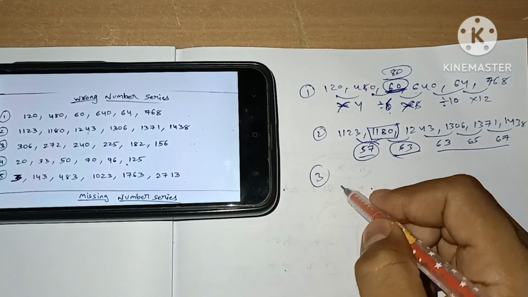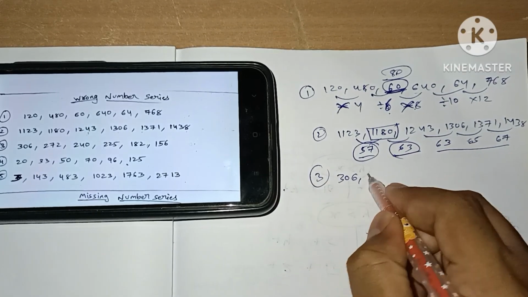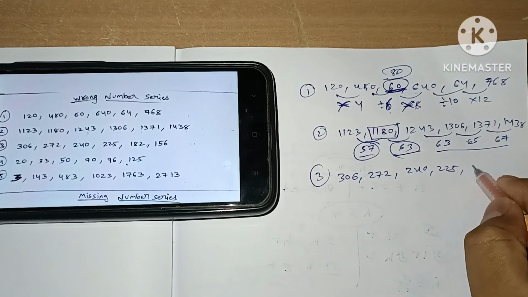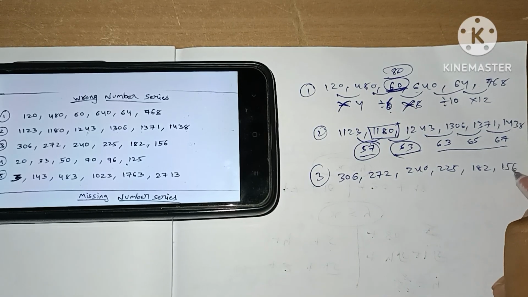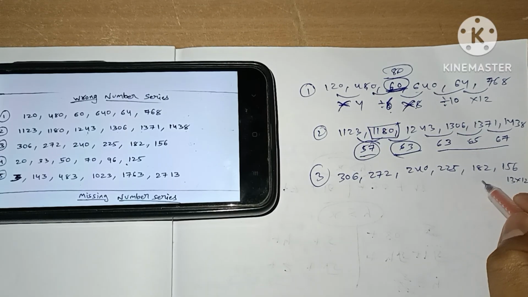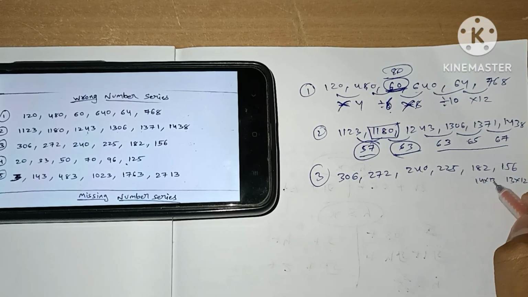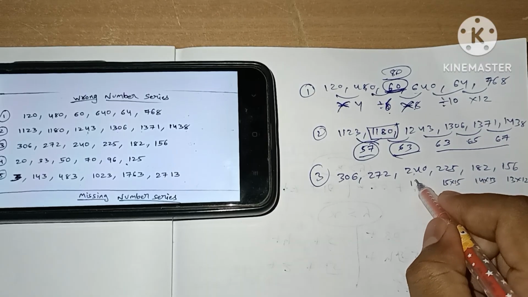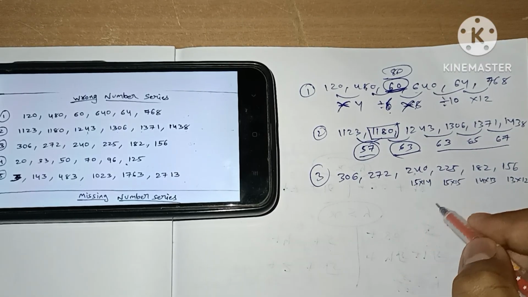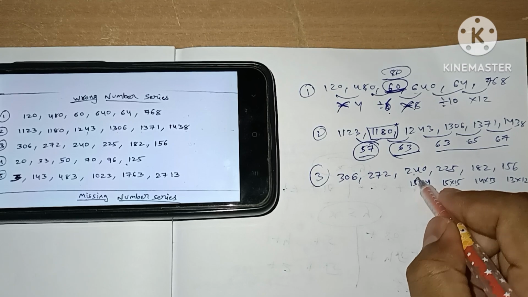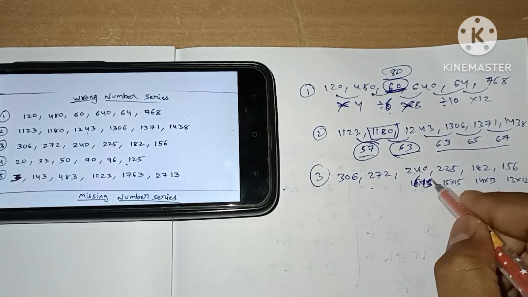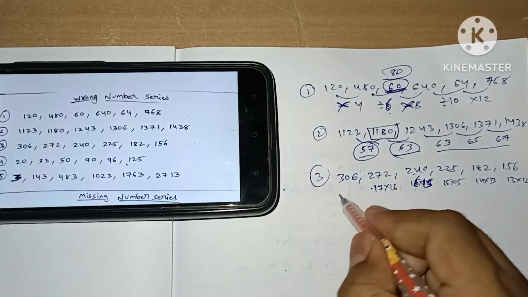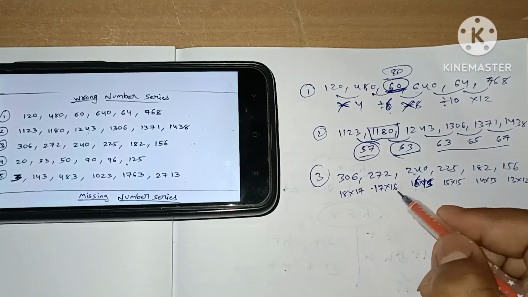Next, third question. 306, 272, 240, 225. These numbers are familiar to me as this is 18 times 17, this is 17 times 16, this is 16 times 15, and this is 15 times 14.